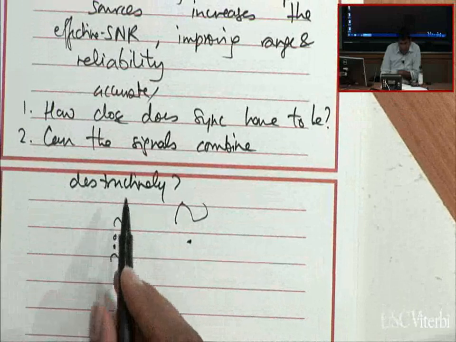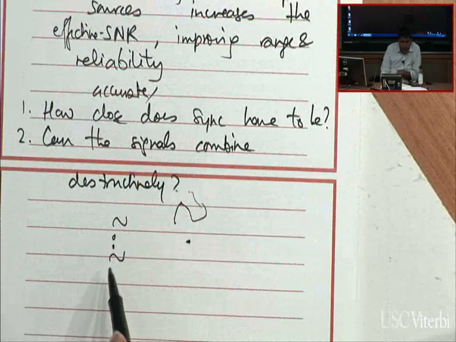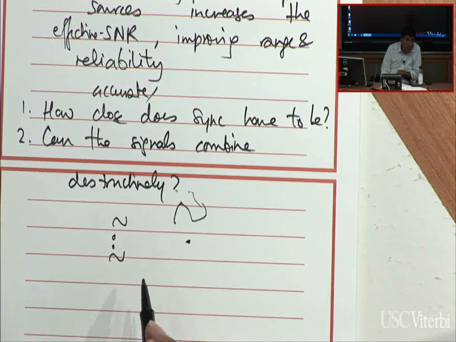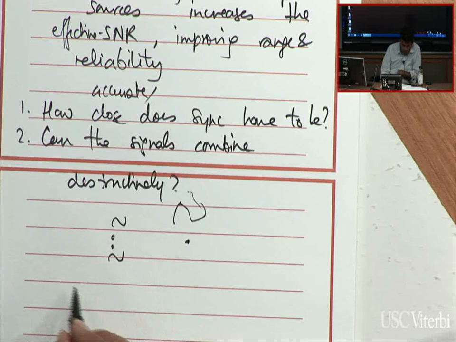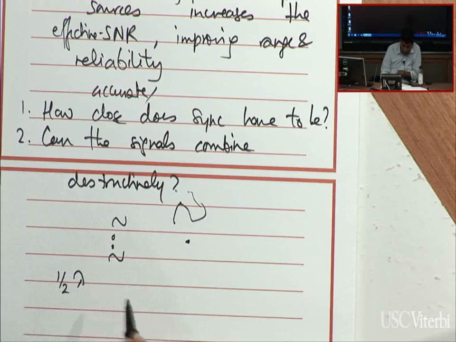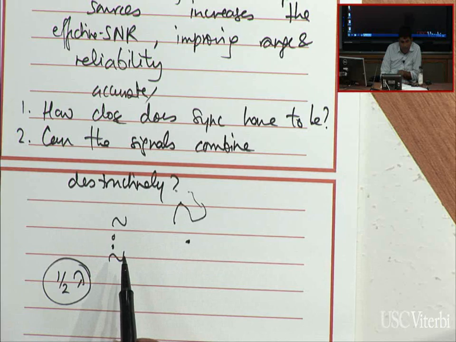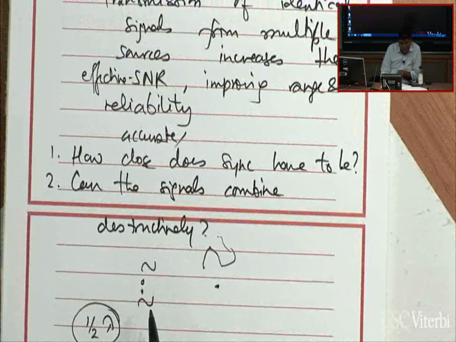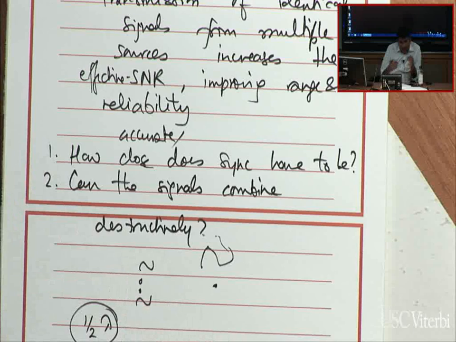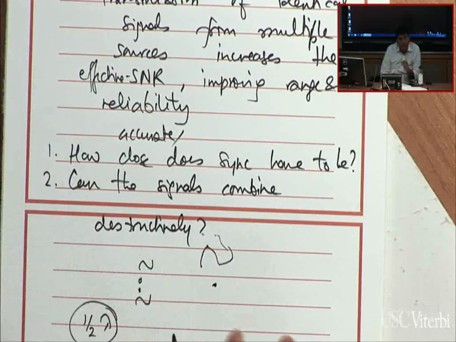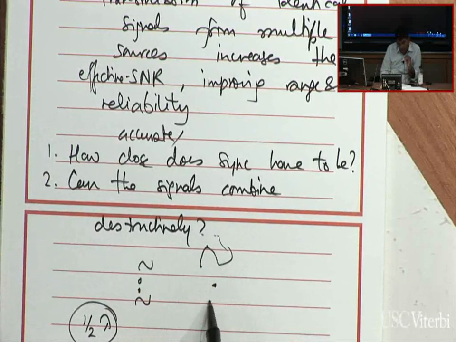But on the other hand, if their synchronization was off by 180 degrees on this signal, so half a wavelength, that would be bad, clearly, because then the two signals would perfectly cancel each other out. So at the receiver, you would get nothing, right? So the synchronization clearly has to be, if you're trying to do it at the physical layer, intuitively on the order of the wavelength of the signal.